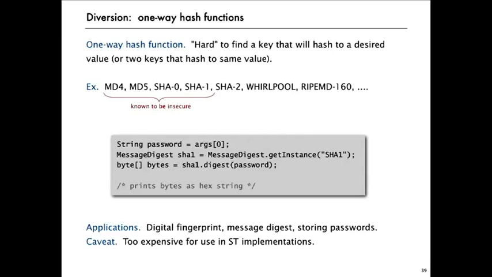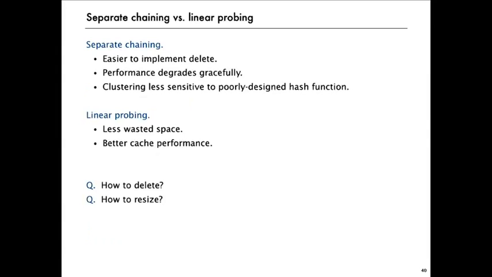This technology is useful for storing passwords and digital fingerprints, but it's too expensive for use in a symbol table. So the bottom line is separate chaining versus linear probing as collision resolution methods.